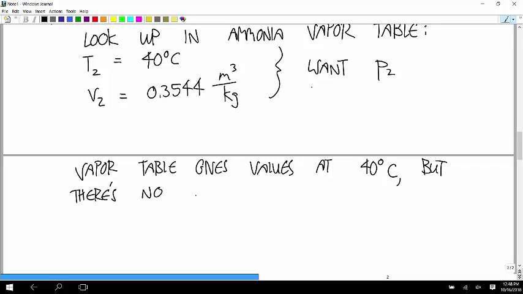But there's no entry for a specific volume of 0.3544. Okay, so we're going to have to do an interpolation, but the good news is since the table gives values at 40 degrees Celsius, we only have to do a one-step interpolation.